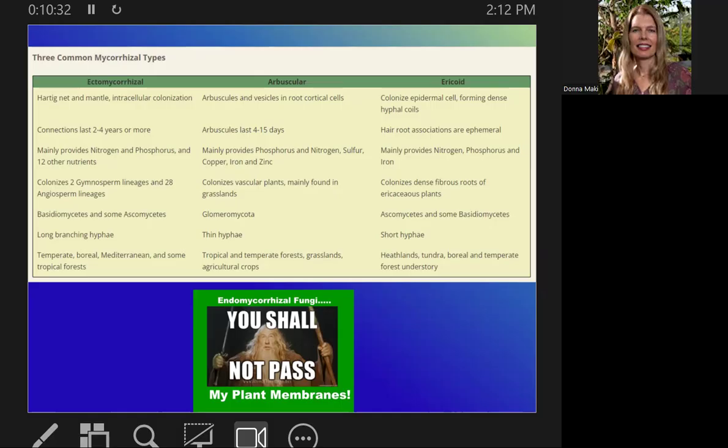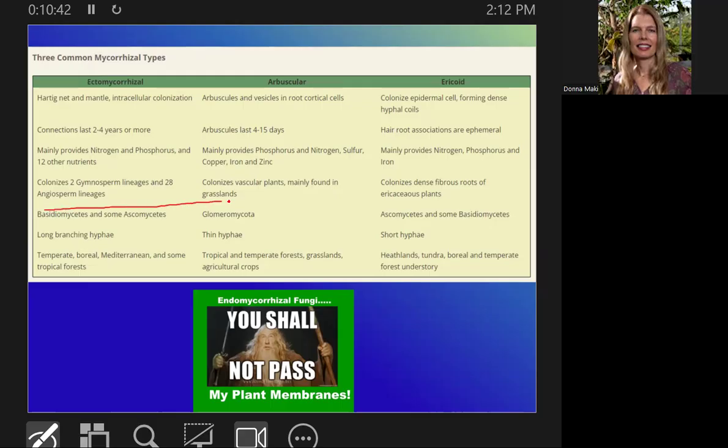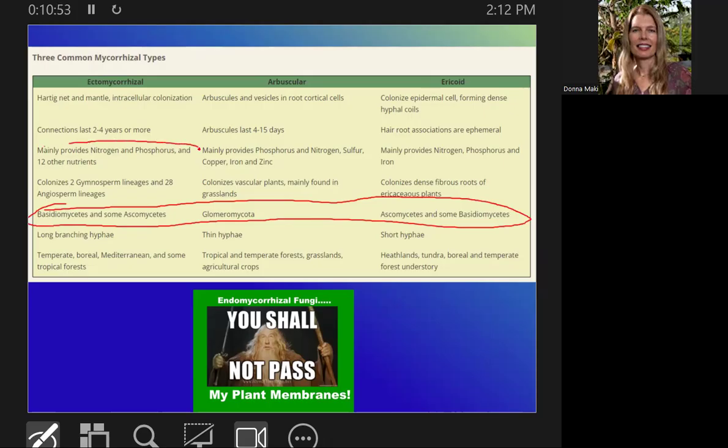I'm just trying to show you that there's a range of different fungi that are involved. And so you can see that here. So there's different fungi. For those of you who know your fungal classes, you can see that those are all different. And then you can see some of the benefits showing here across the row here.